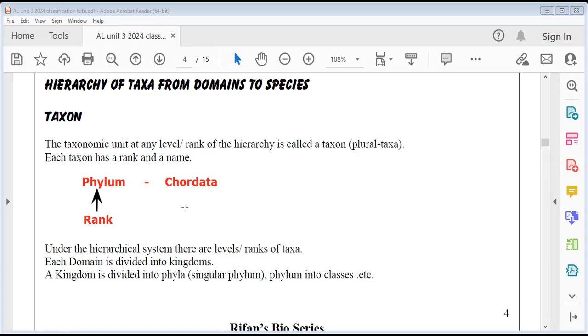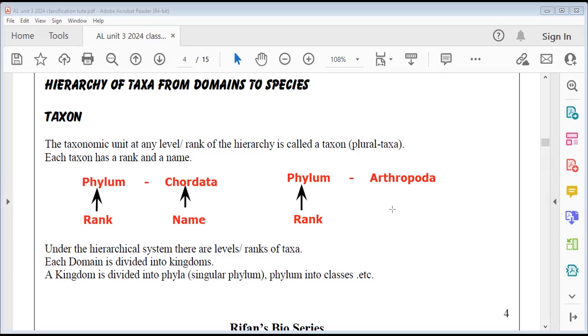And this Chordata is considered as the name, in the same rank for different organisms. Now see, take a cockroach. What is the phylum? Cockroach phylum is Arthropoda, correct? This is the rank, and this is the name.